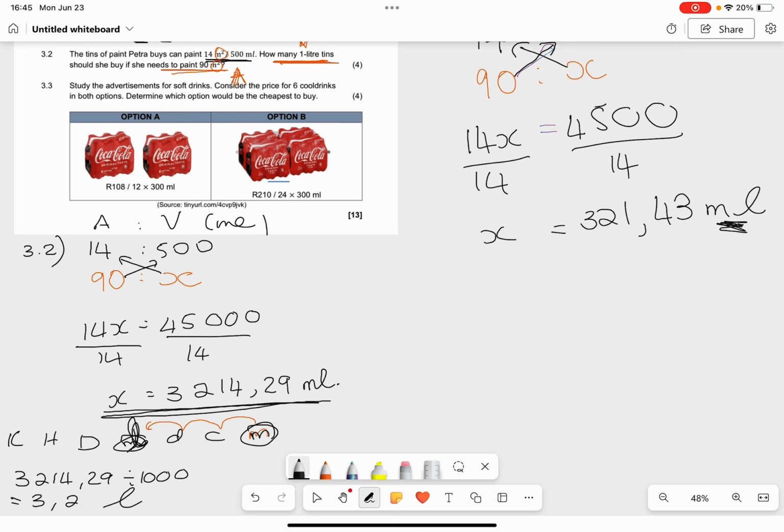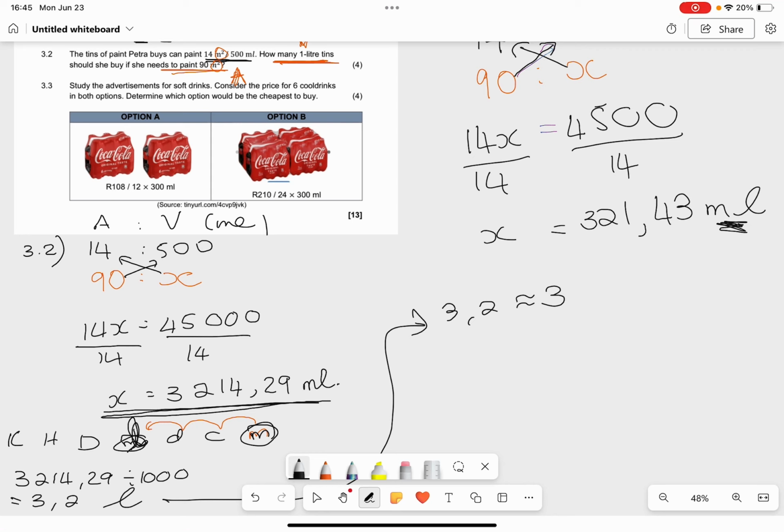Now, if you are using the normal rules for rounding off, you would say 3.2 rounds off to 3, right? But now you have to think of this question logically. If I need roughly 3.2 liters of paint to paint 90 square meters, and I buy 3 1 liter tins of paint, am I not going to be short a little bit?